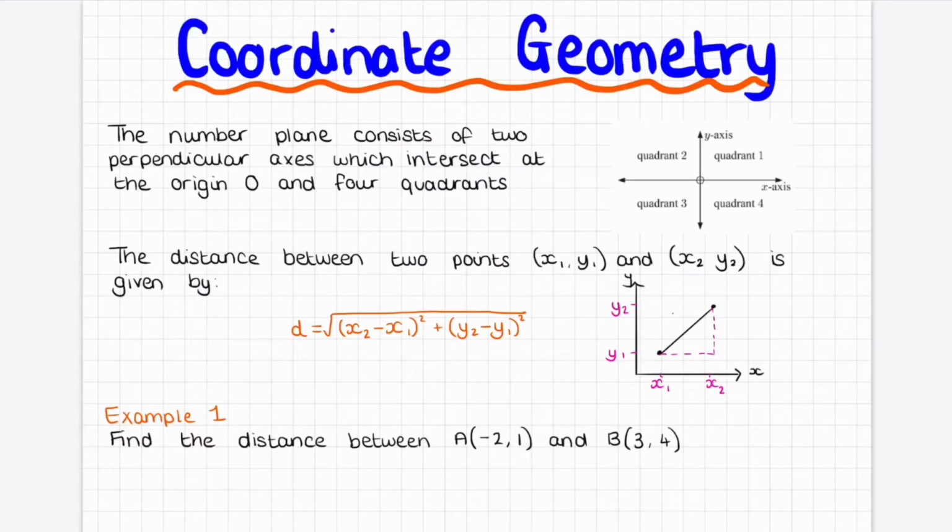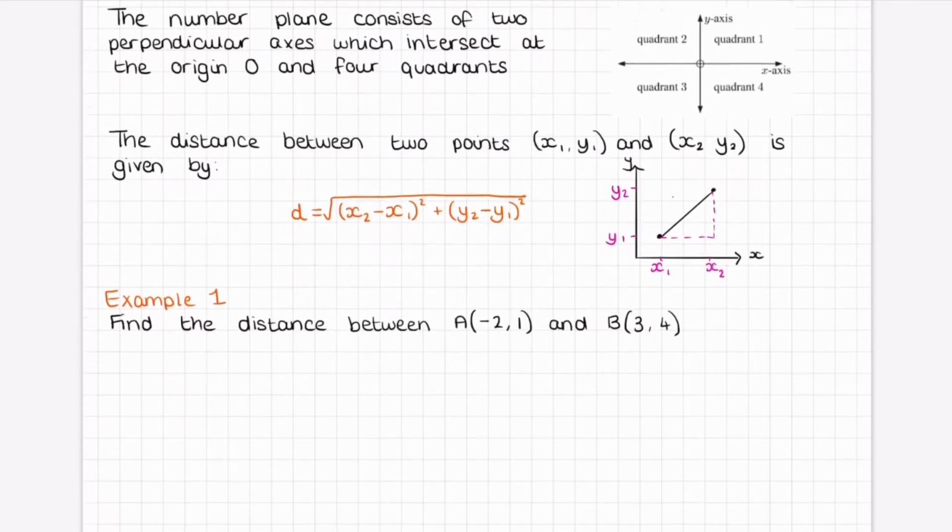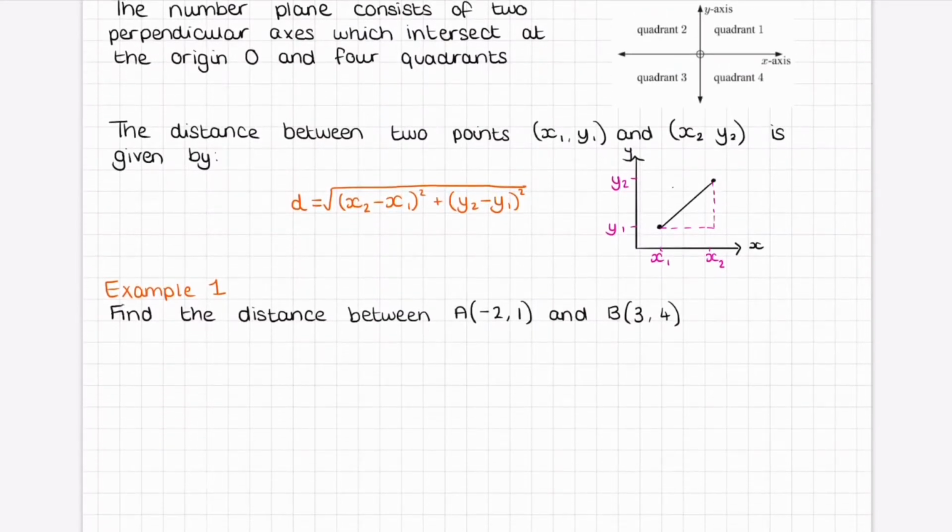So example 1, find the distance between these 2 points. So what we're going to do first is recognise that x1 and y1, so we can use this one as x1, this one is y1, x2 and y2. Then we can just put those values into the formula.